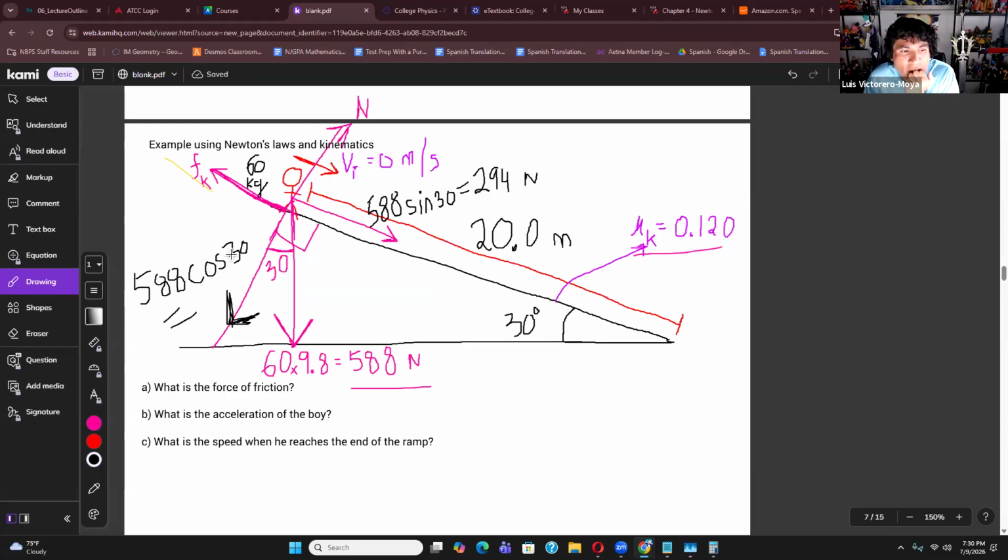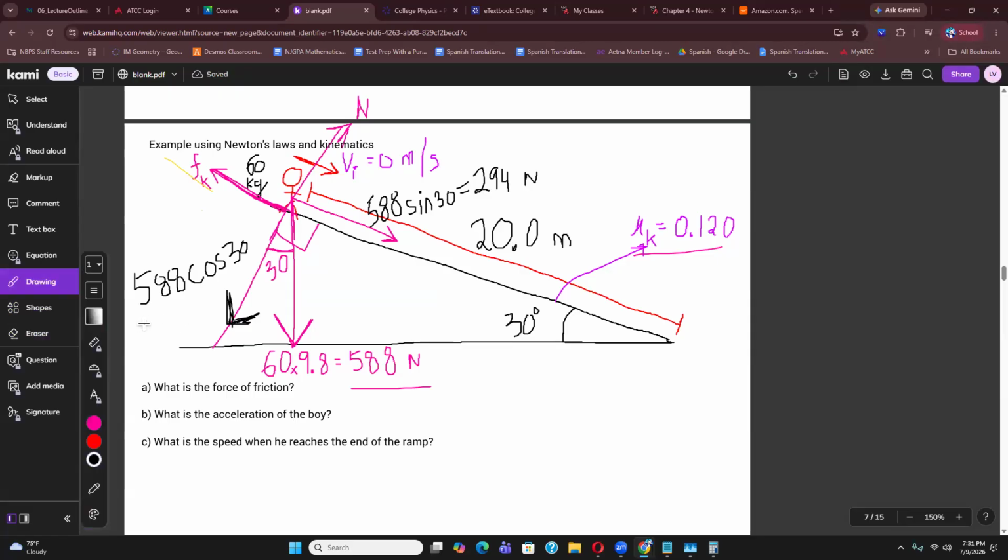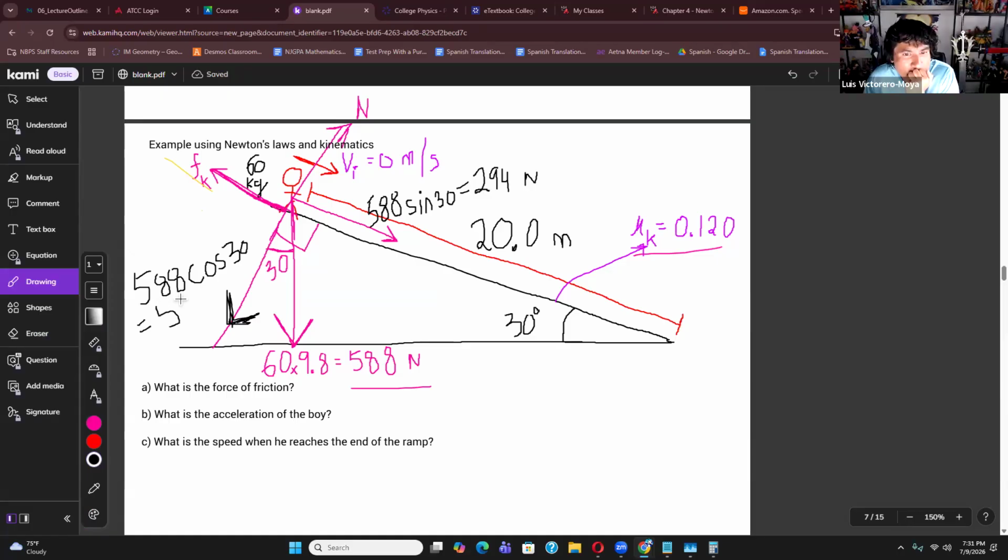And what do you get for 588 cosine 30? 509.2. 509? Okay. We have this component. Now we need this one.